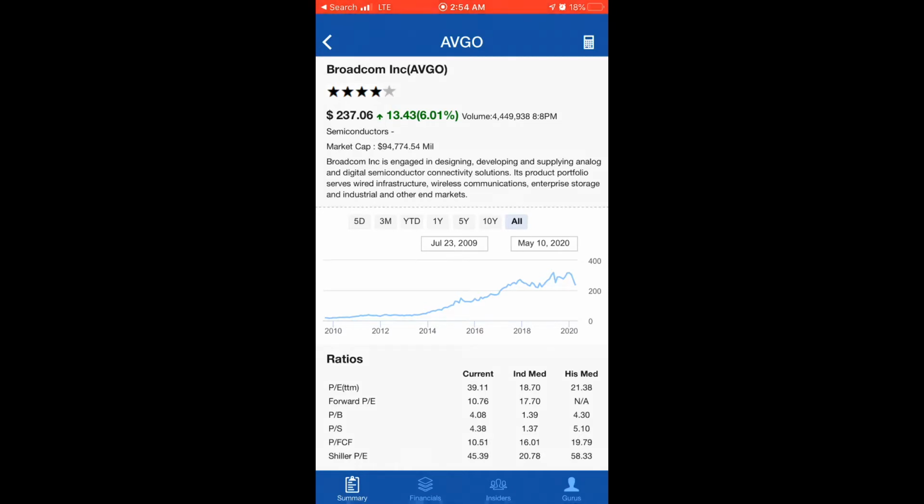And that's what I'm talking about, folks. Sometimes companies grow so fast that you need to look at the forward PE ratio. For companies like Walmart or Coca-Cola, that don't grow as much, you want companies with a PE ratio below 15.